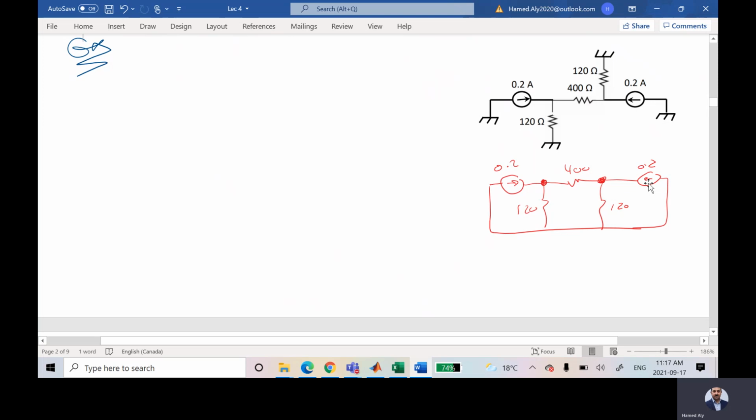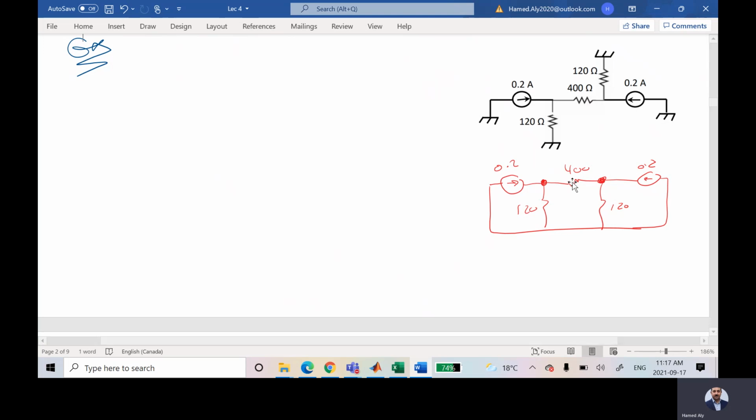So I'm seeing symmetry between both sides, and in between, there is only one branch. I don't have any other circuit. So I am expecting that this voltage is equal to that voltage, which means there is no current in this branch. Based on that, I can say the current in this guy is equal to 0.